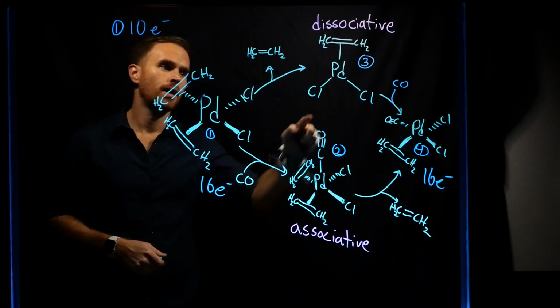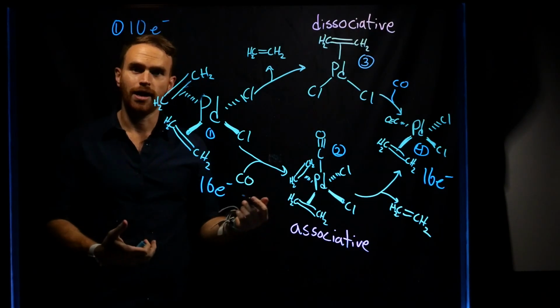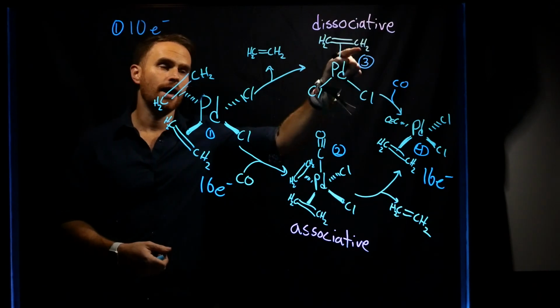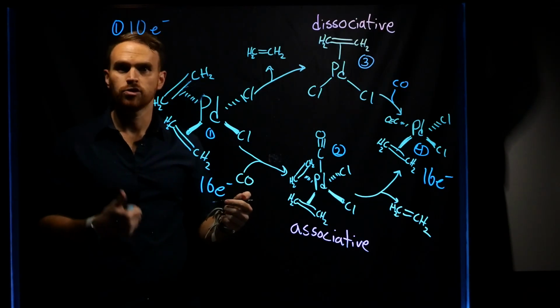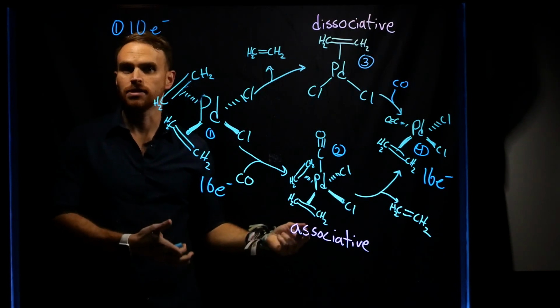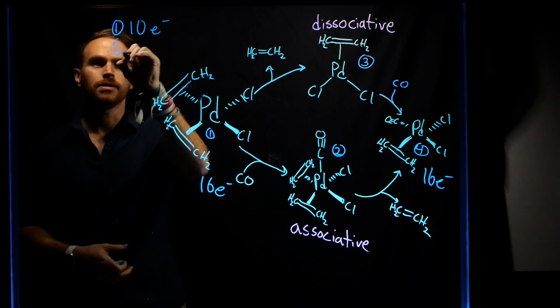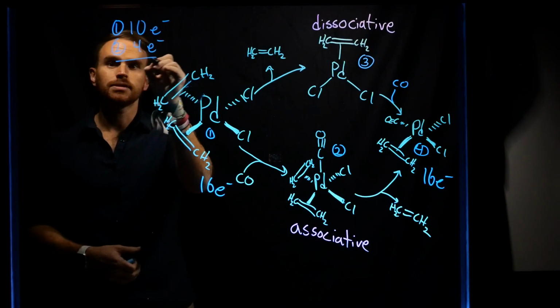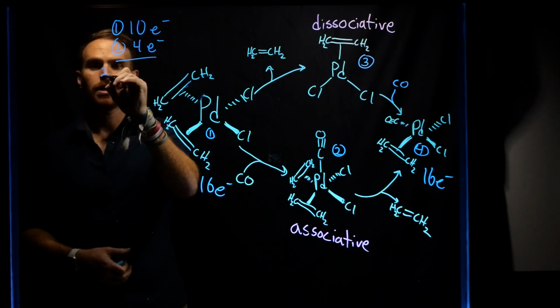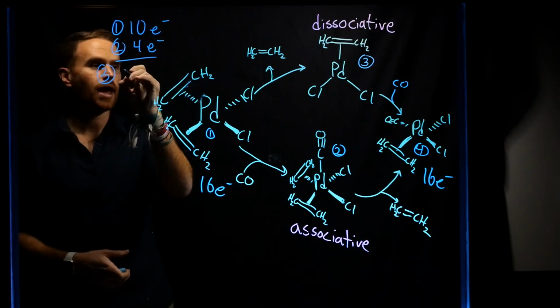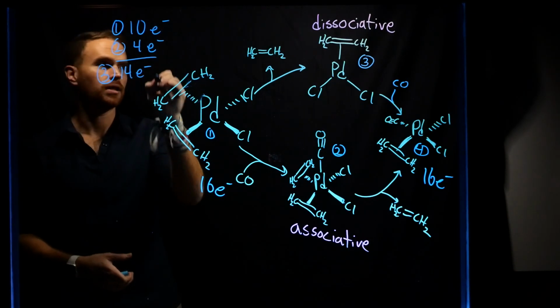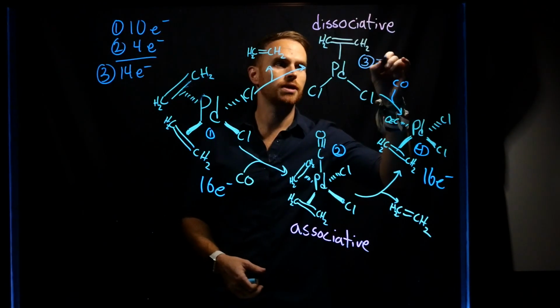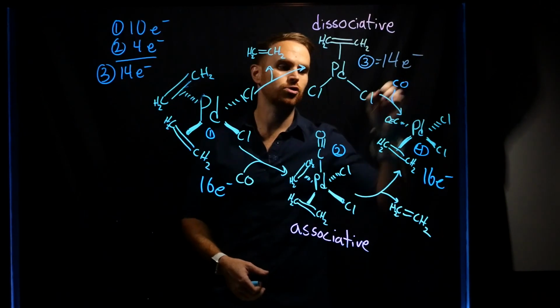Each of the chloride ligands are X-type ligands, and the ethylene is an L-type ligand. So one L is 2, 2 X's is an additional 2, so that means that we have 4 more electrons, which means that overall, complex 3 only has 14 electrons.